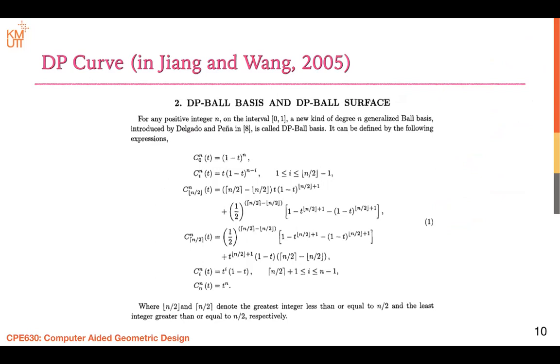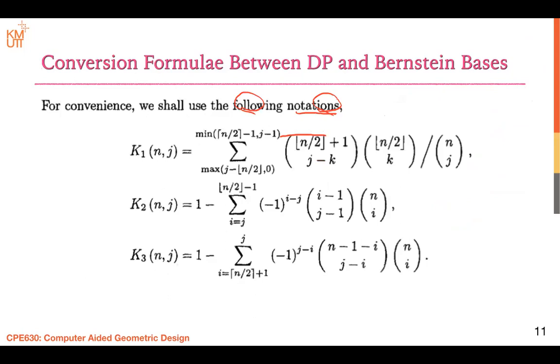We will start from the DP-Ball basis. Now we call this basis, and this is funny, DP-Ball. Hello? No, you cannot call it DP-Ball. Okay, and then this is the conversion formula.